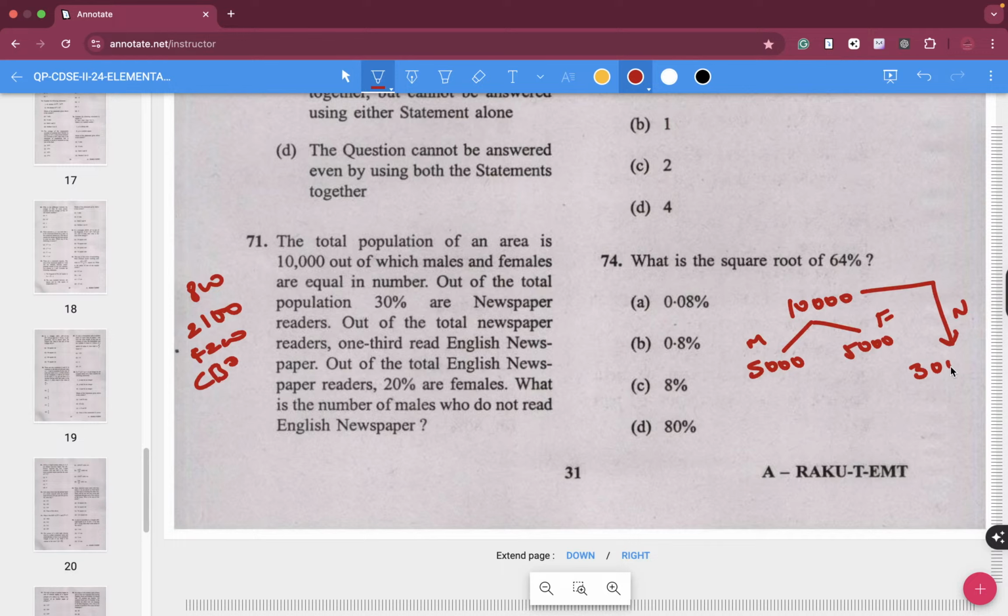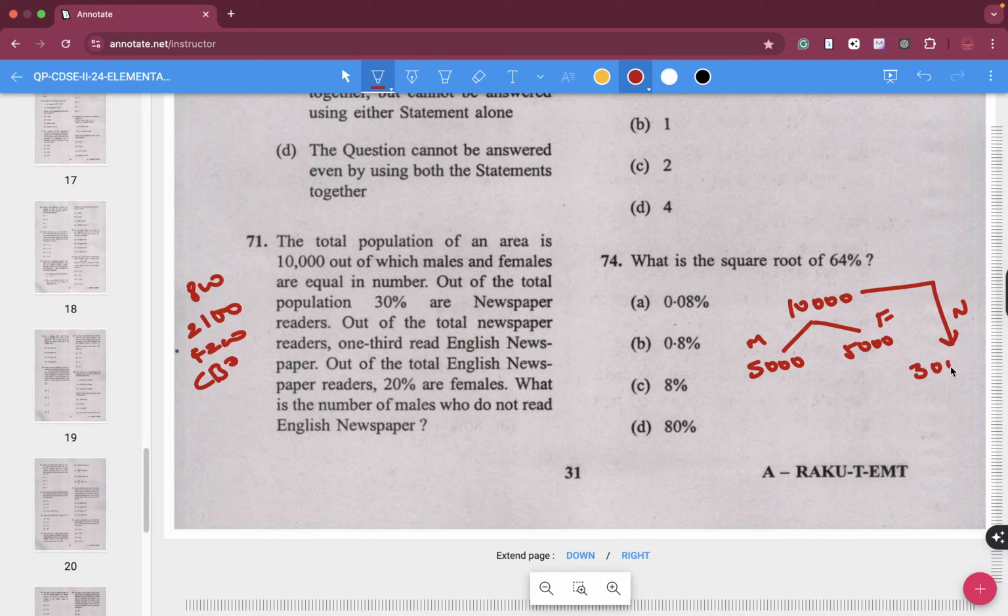So the square root of 64% is 80%. The square root of 64% is how much? 80% over here, folks. Question number 74, we have D as the correct answer to this particular question, folks.